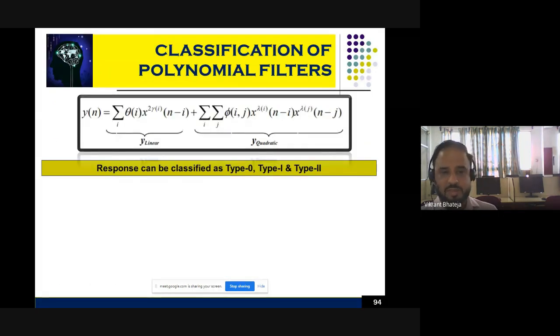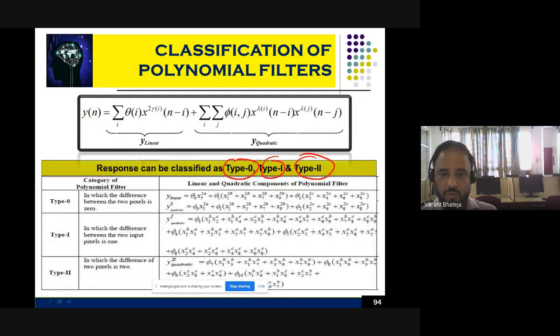Then, if we open up the response of this filter, it is classified into three categories. Certainly that derivation we are not discussing here, but the response of this entire filter falls into three: type 0, type 1, and type 2. So you have three types of polynomial filters coming out from here.